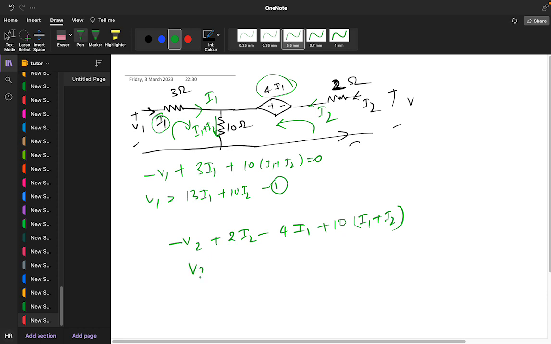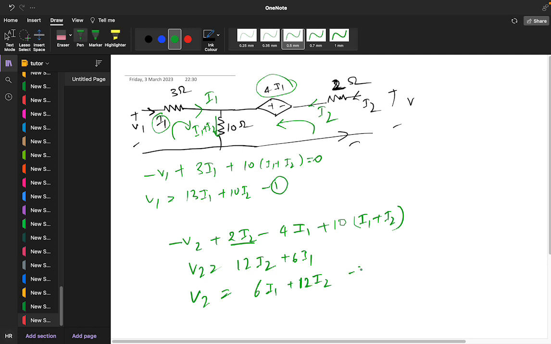So what you will get? V2 is equal to, solve it and just tell me the results. 2, 10, 12 I2 we are getting, and 6 I1. See the calculation part. So 6 I1 plus 12 I2.